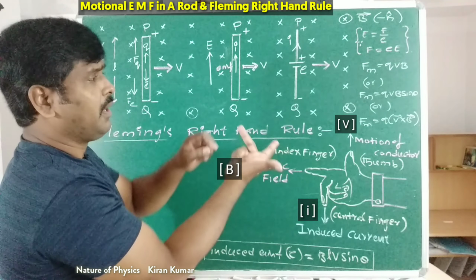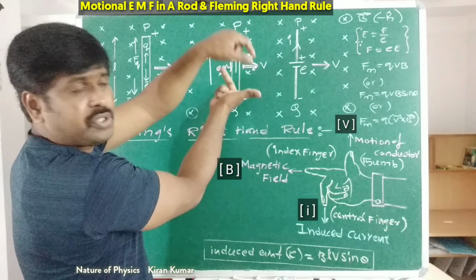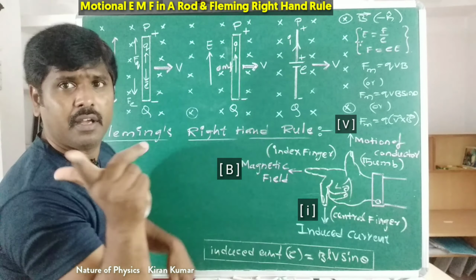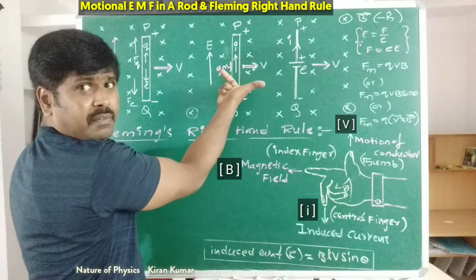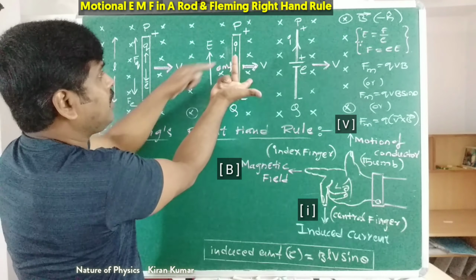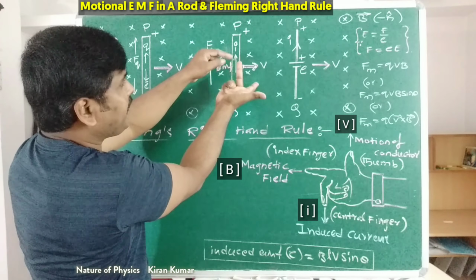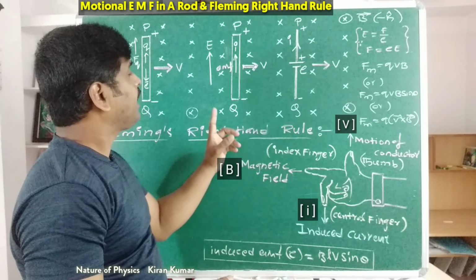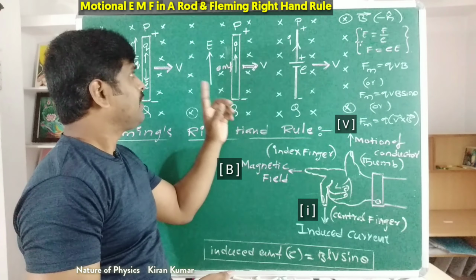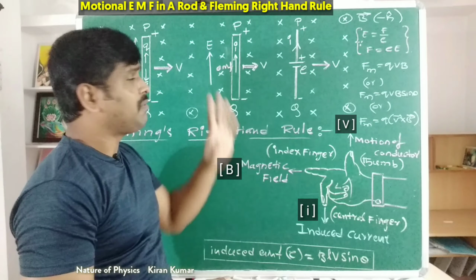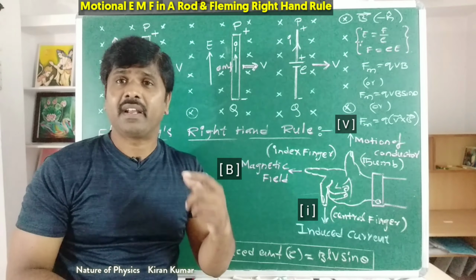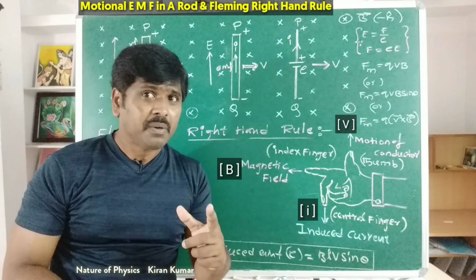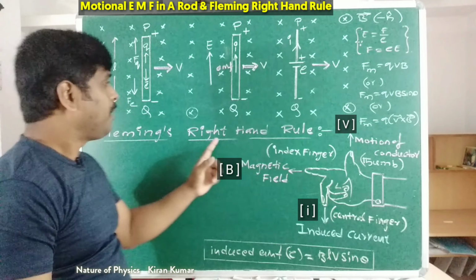So this is the thumb, the motion; the index finger is the magnetic field; and this central finger represents the induced current when the conductor, that is a rod, moves with a velocity v in a uniform magnetic field. We can identify the direction of induced current with the help of Fleming's right hand rule.